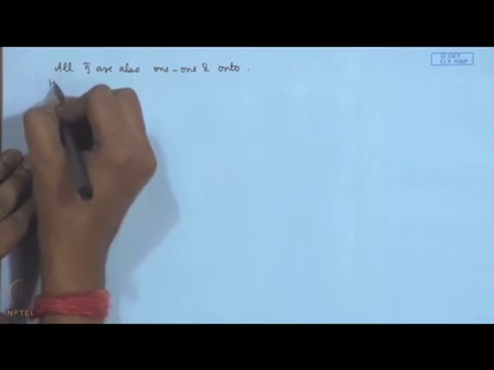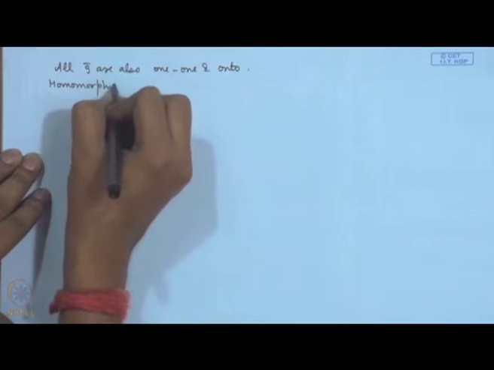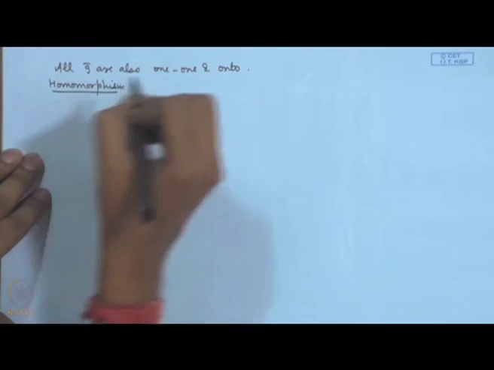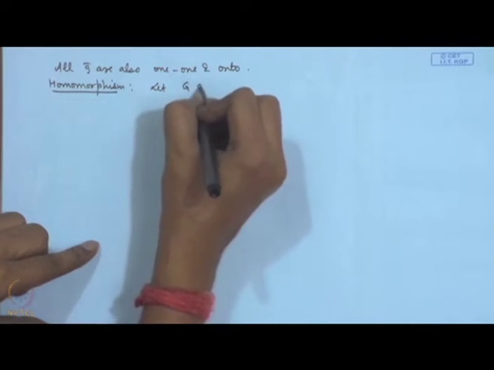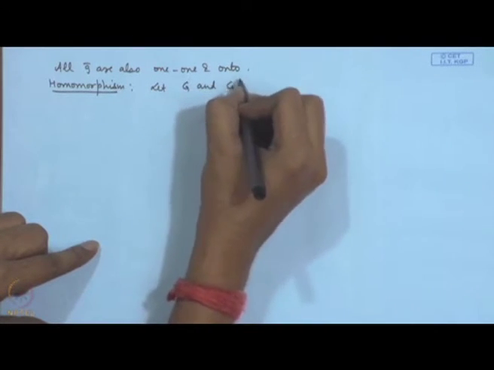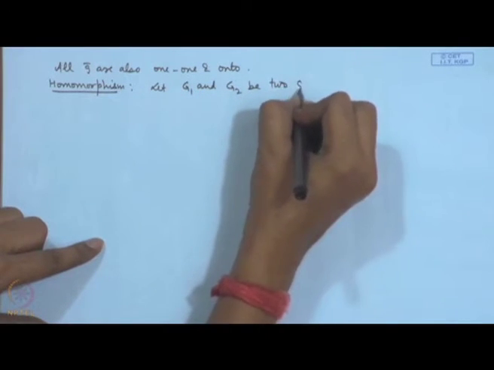Now, we observe an interesting property. Let me define what is a homomorphism. Let G 1 and G 2 be two groups.